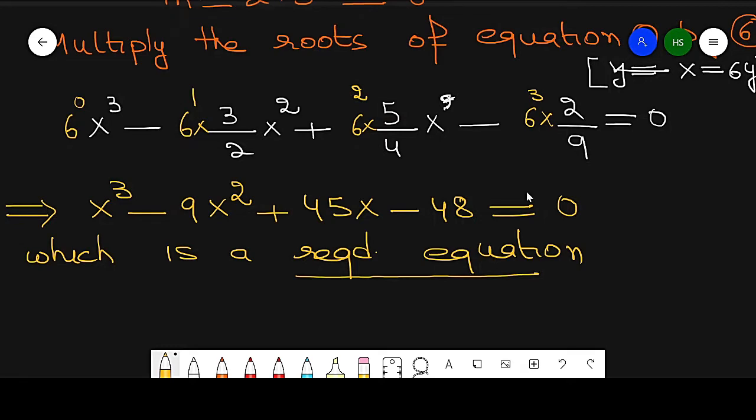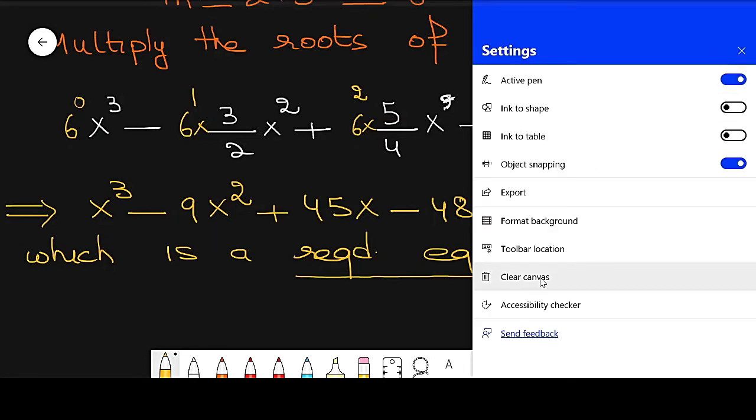This is a very important type, so I will discuss a question of the same type. This is again a very important question that was asked in Guru Nanak Dev University 2007.